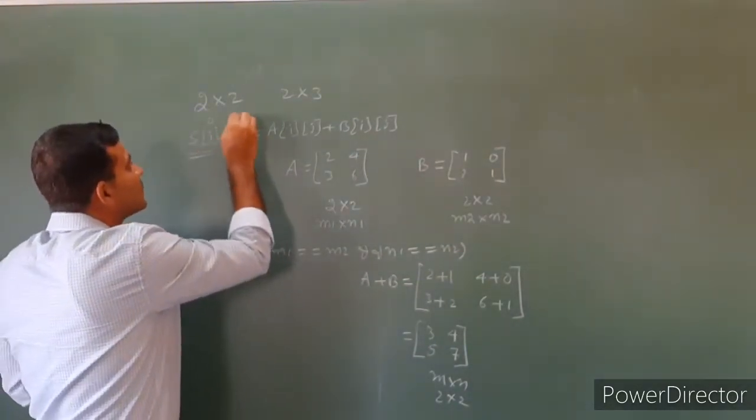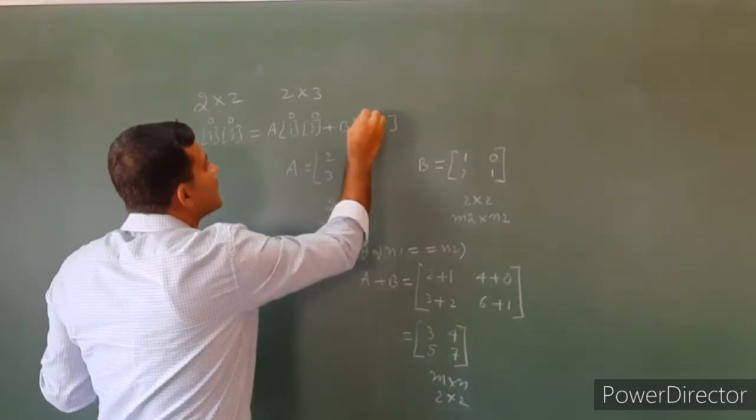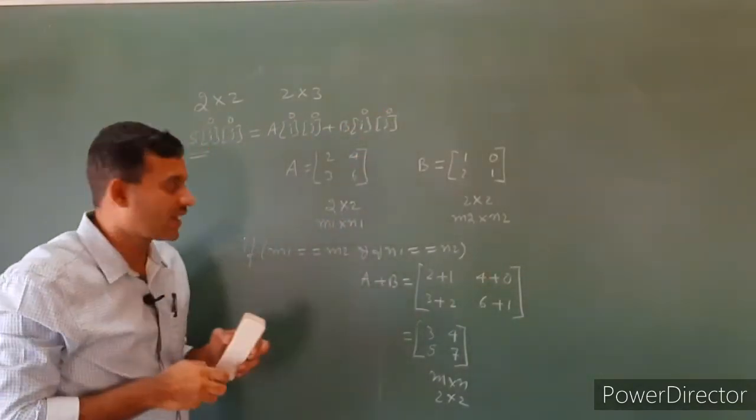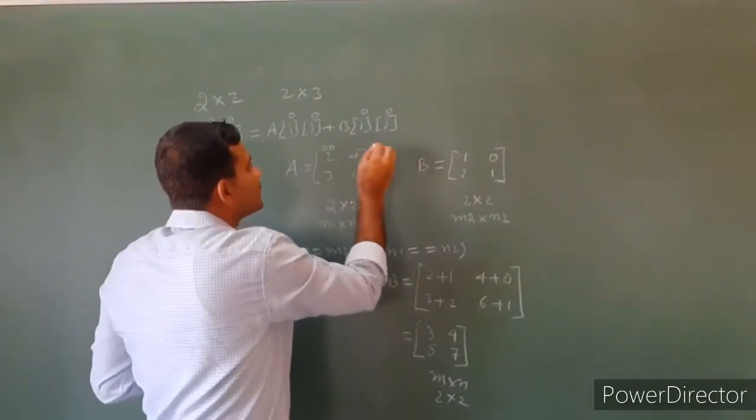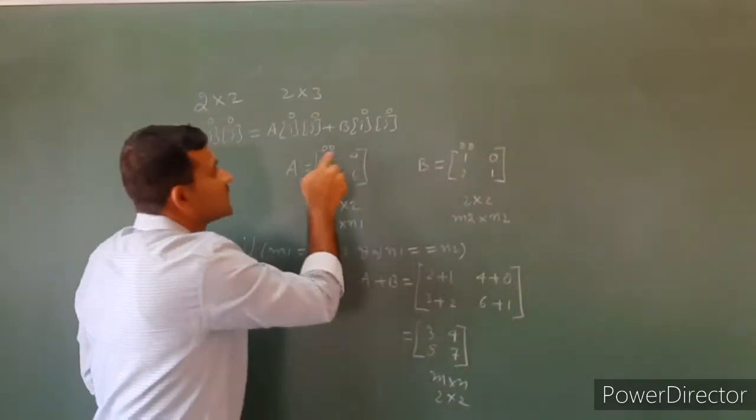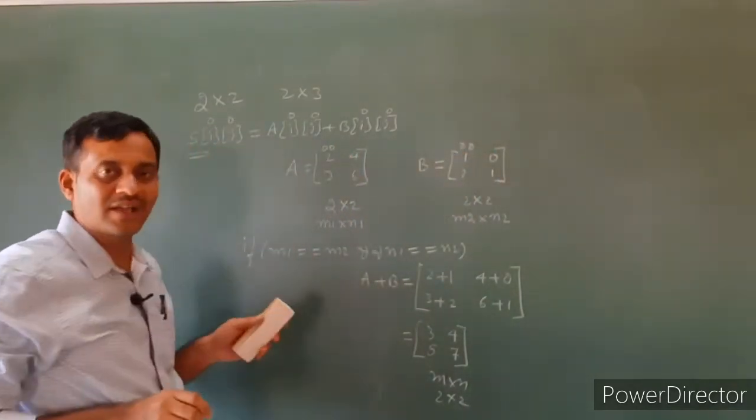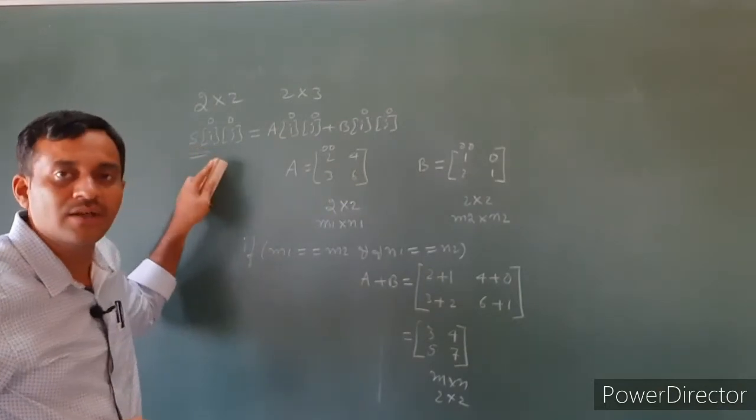If it is 0, 0 here, then here also it is 0, 0. It can access the element from both matrices, then add those matrix elements and assign them to the resultant matrix.